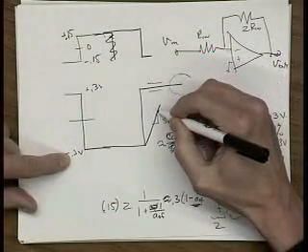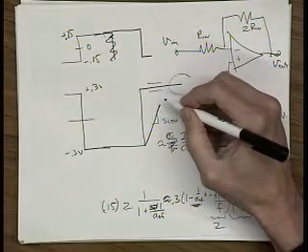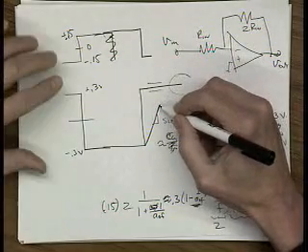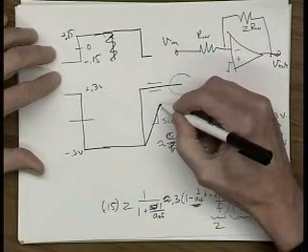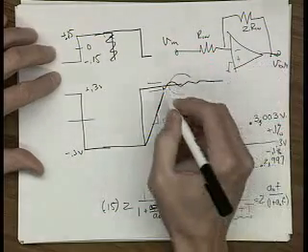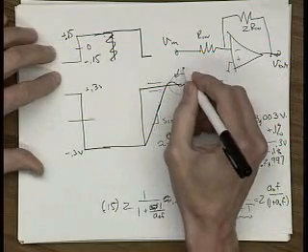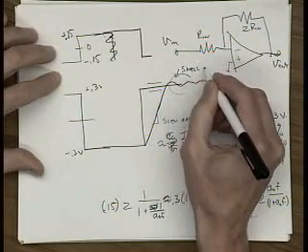Now, after the slewing, that's when the front pair of transistors are in a nonlinear regime. They come out of the nonlinear regime. Then we go into the next mode, where this thing begins to settle out. This is the small signal settling time.